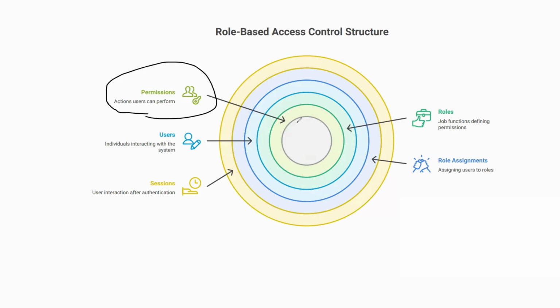So you have a permission here in this one, and you have a user sitting here. Okay. In between, you have this role. And when this role assignment happens, where it is actually connecting all these things, user, permissions, and roles, then you are able to establish a session and log in.